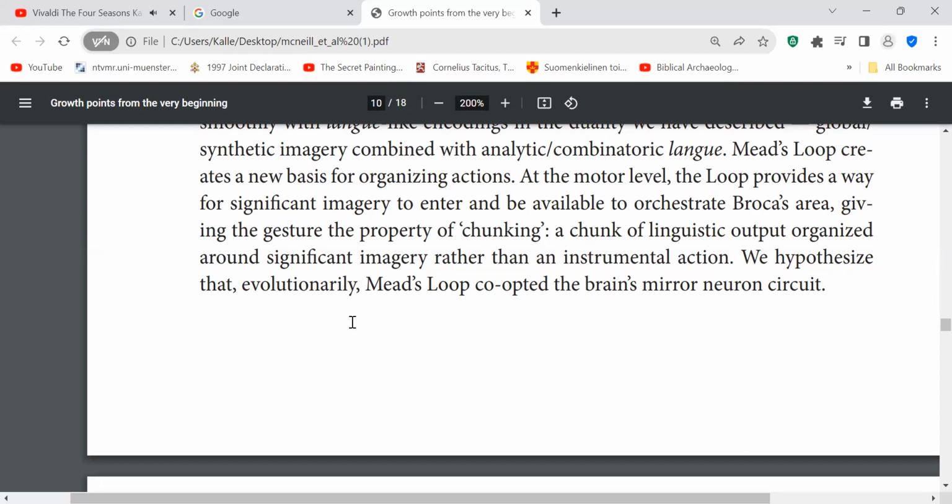Chunk is cutting. It's a piece. A chunk of linguistic output organized around significant imagery rather than an instrumental action.